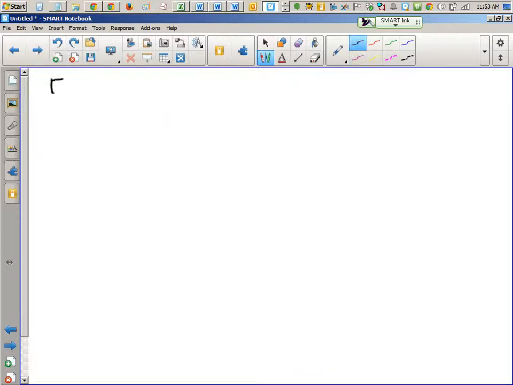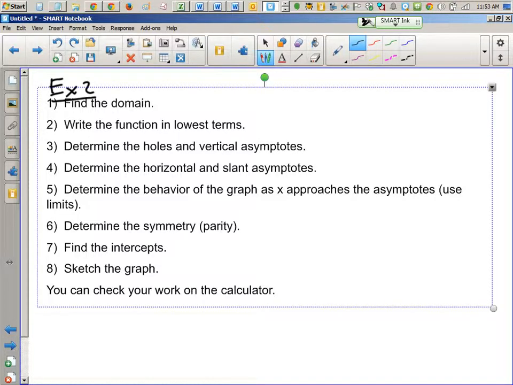Okay, and then the second example has a slant asymptote, but we can go through it a lot faster because you're not learning it, you're just applying it, and it goes really fast, actually. I still want a tidy graph, and I want you to use graph paper on this assignment. Okay?